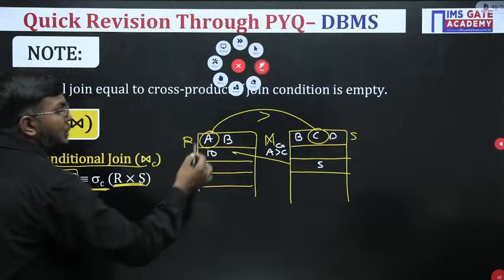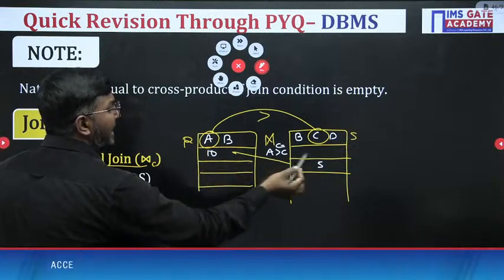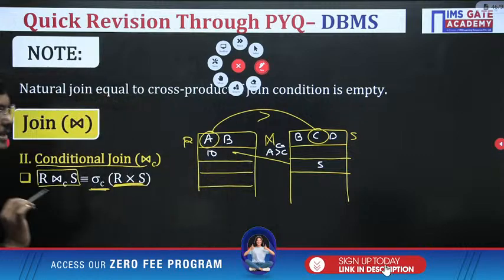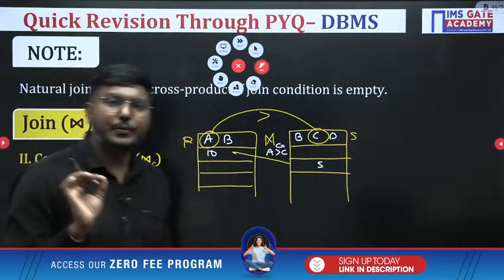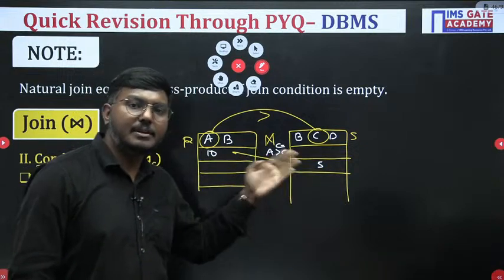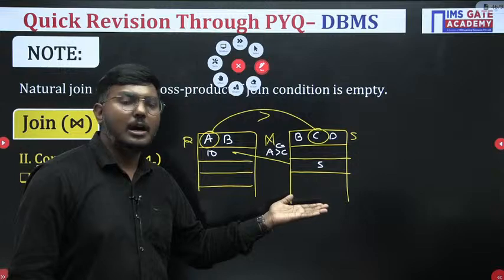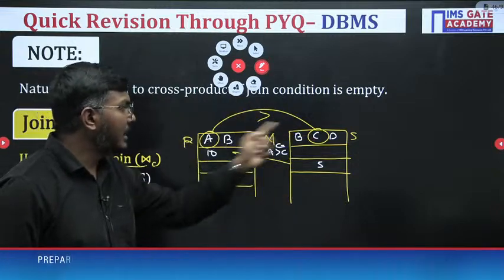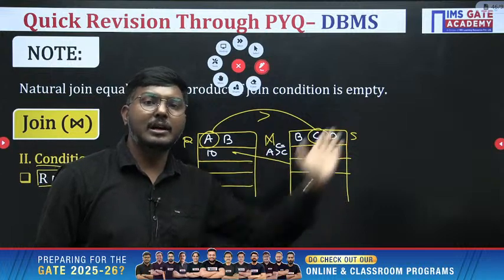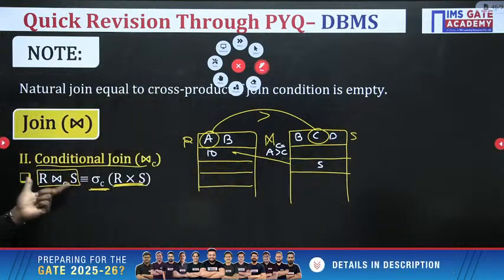If the condition is true for any pairing, then simply select the record. If this condition is true for any pairing, then that record will be selected for the final result of this conditional join. Getting my point now?